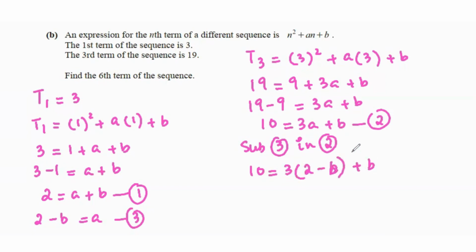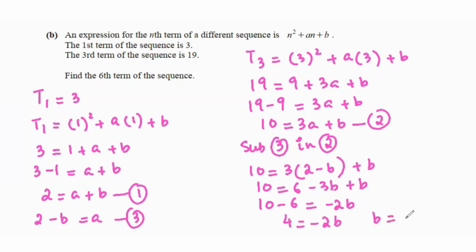There's no restriction to substitute a. You can even make b the subject and substitute that in the equation. So that's going to be 10 equals 6 minus 3b plus b. 10 minus 6 equals negative 2b. 4 equals negative 2b, which means b is negative 2.